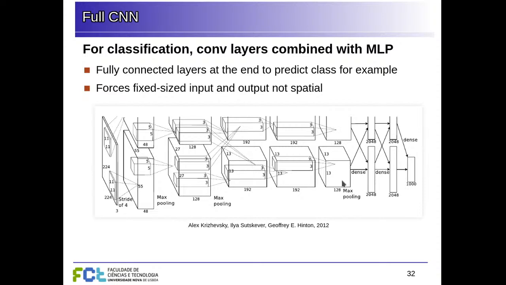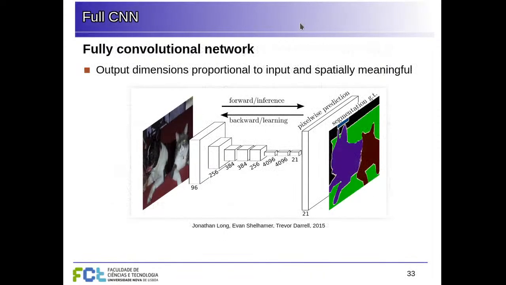And then we pass everything to dense layers where we do the classification. In this case, there are 1,000 different classes, and classification is done at the end with softmax. This is AlexNet, one of the first networks of this sort to be used in the competitions on the ImageNet dataset for classifying images.